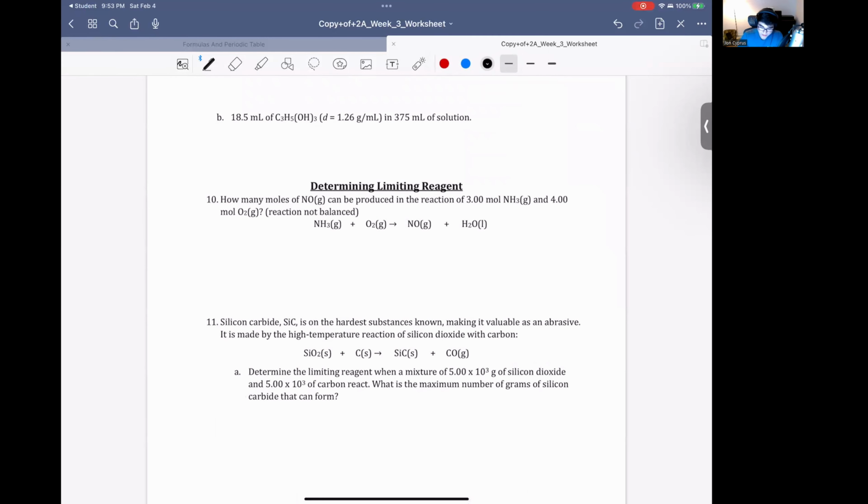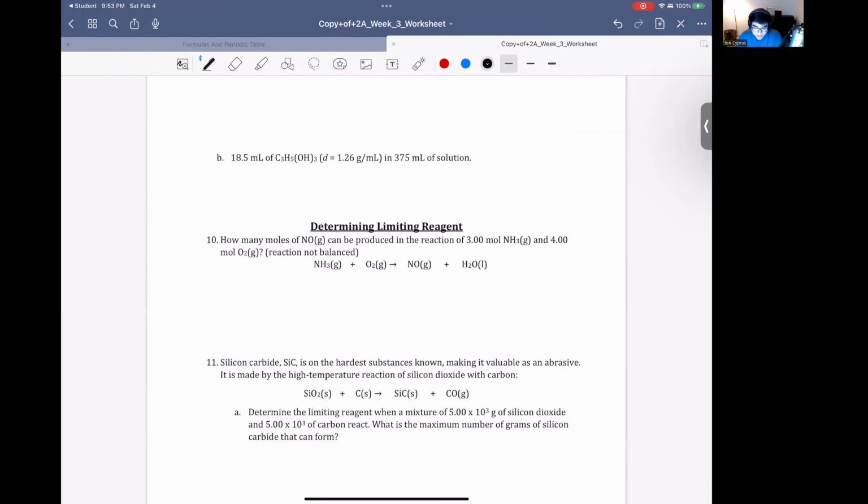For part B, it says we have 18.5 milliliters of C3H5(OH)3 with that density and 375 milliliters of solution. So we're assuming, again, that the whole solution is 375 milliliters. So for the molarity calculation, we're going to use 0.375 liters. We're given the density here, but we need moles for concentration, right? So first I'm going to convert from density and volume to mass so I can get the grams.